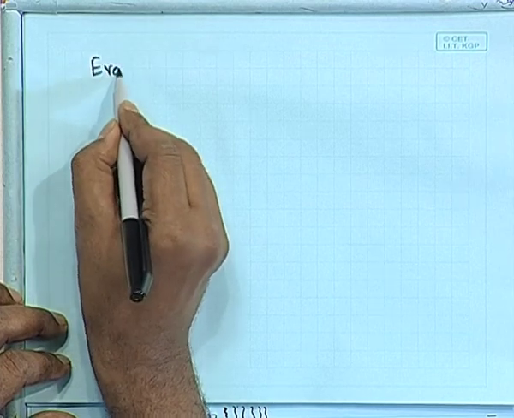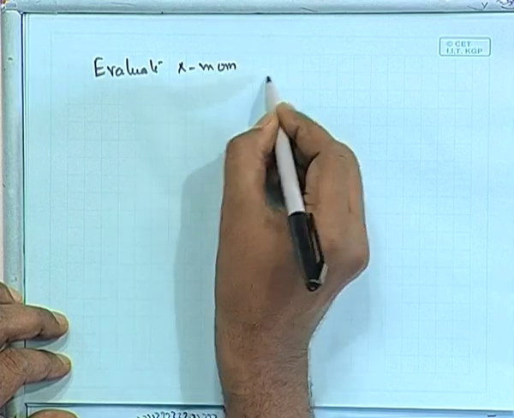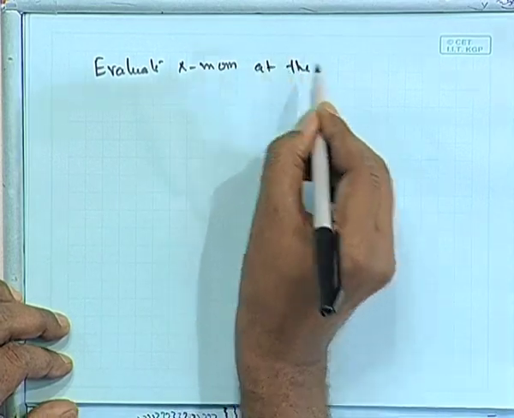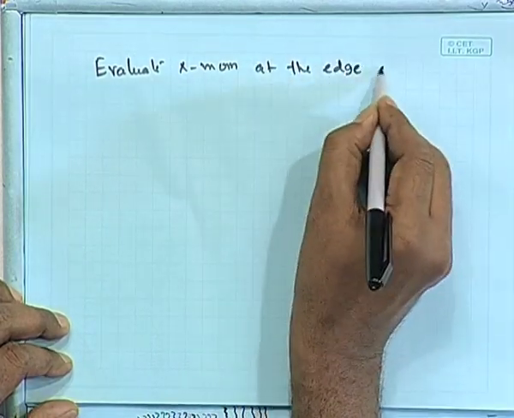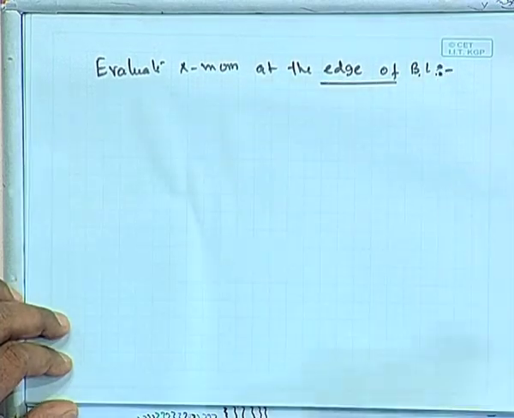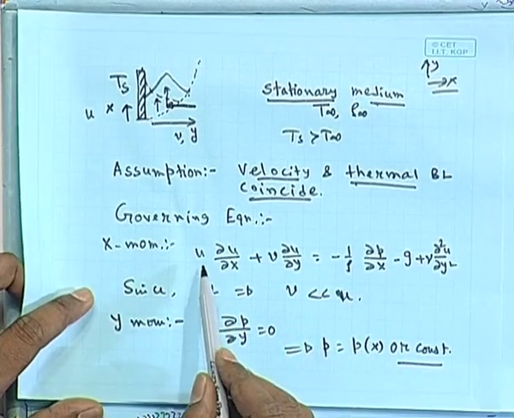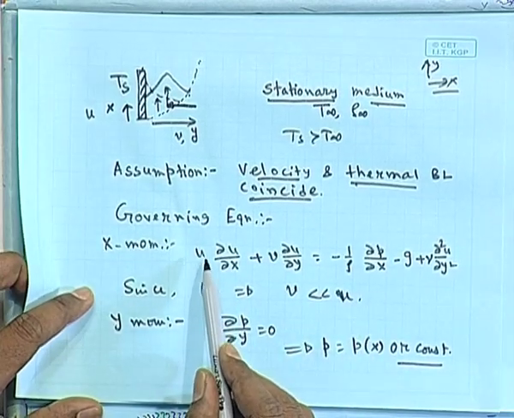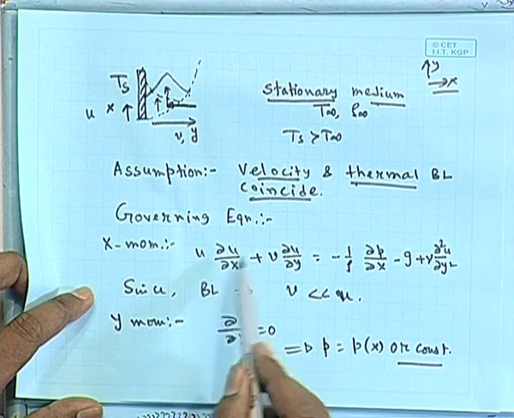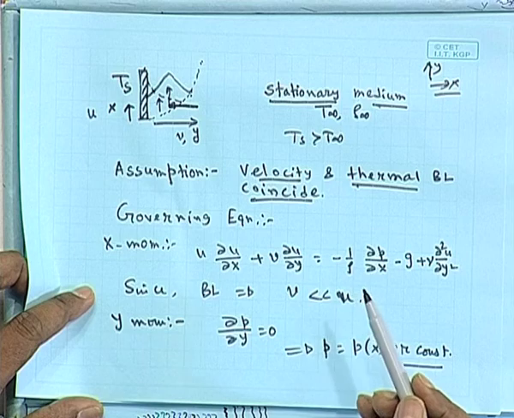Now, you evaluate x momentum at the edge of the boundary layer, right. What will you get? At the edge of the boundary layer, U is not present, so that will go off. U goes off, so del U del Y will be off.